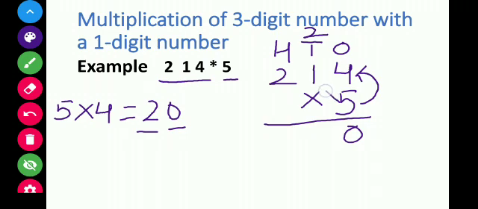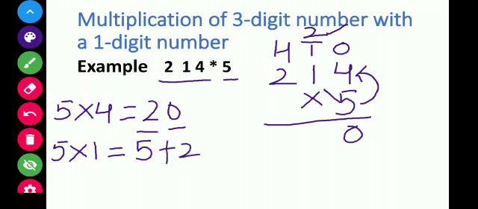Now read the table of 5 with the tens place digit, which is 1. 5 multiply 1 is equals to 5, but you have to add this carried over number with this 5. So 5 plus 2 is equals to 7. So the answer at the tens place will be 7.